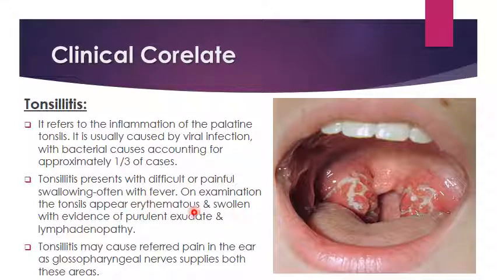On examination, tonsils appear erythematous and swollen with evidence of purulent exudate and lymphadenopathy. Now here you can see the red swollen tonsils with evidence of purulent exudate. Tonsillitis may cause referred pain in the ear as the glossopharyngeal nerve supplies both these areas.